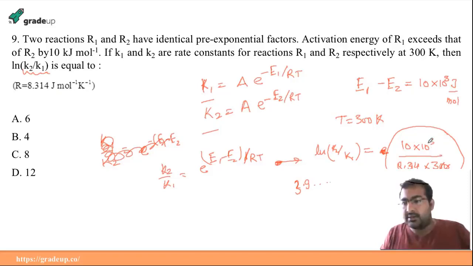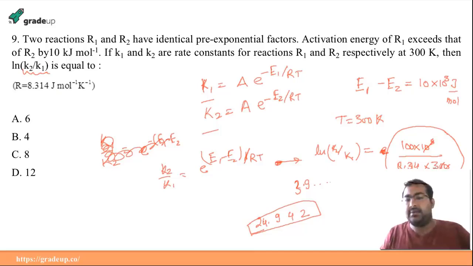Because now it will be 100, and this will be cancelled out with this, and if you see here, 3 times 8 is 24, and 9, so it will be like 24.9, near about 25, right?